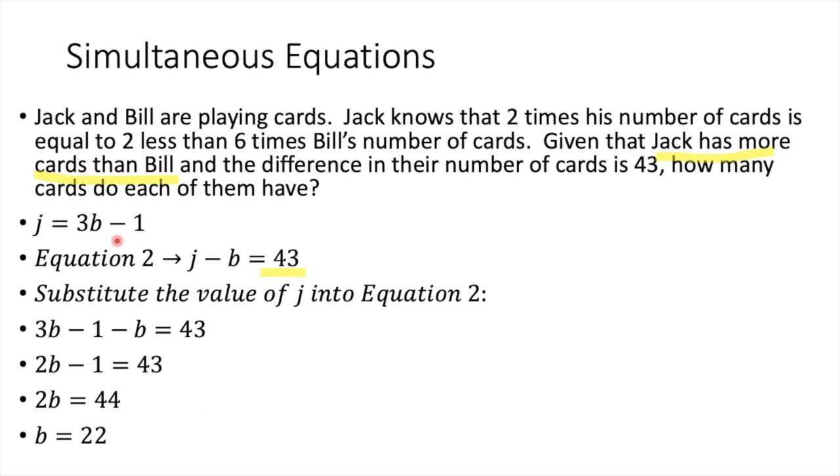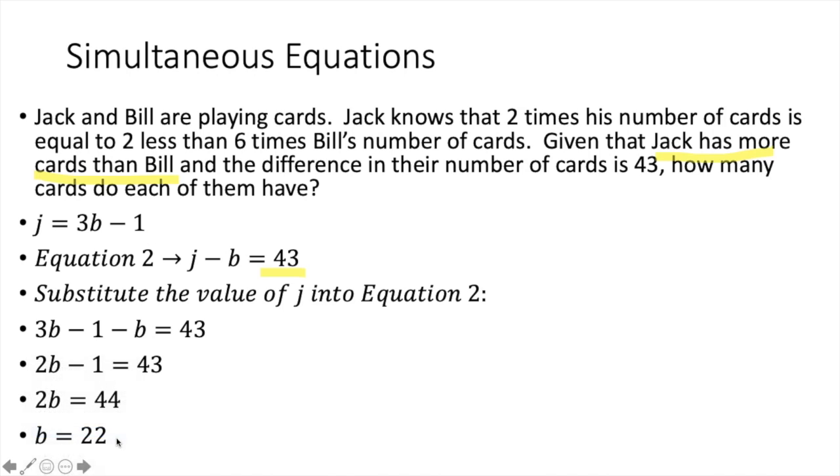However, the question also states that we need to find the number of cards with Jack. Note that we know the number of cards of Jack in terms of b, which means that we can substitute this value of b into this equation, j equal to 3b minus 1.